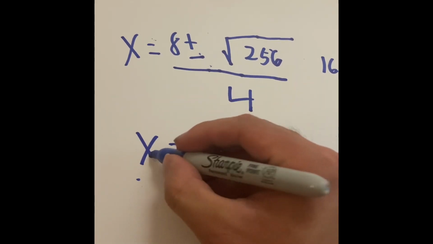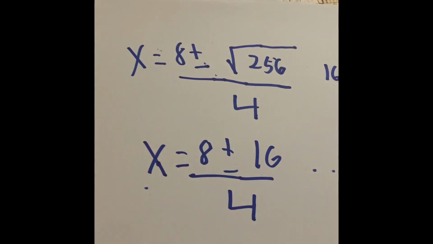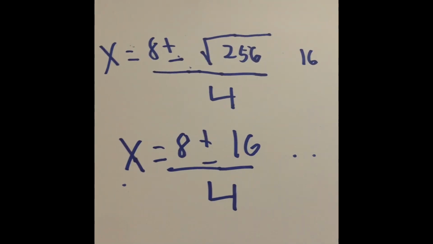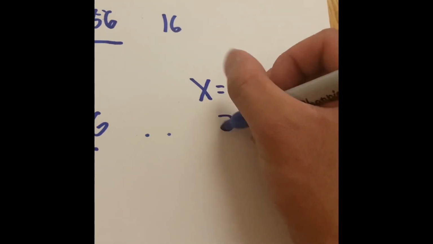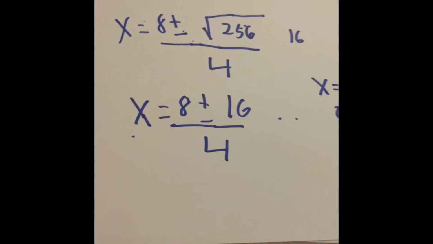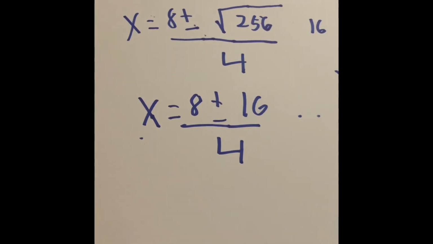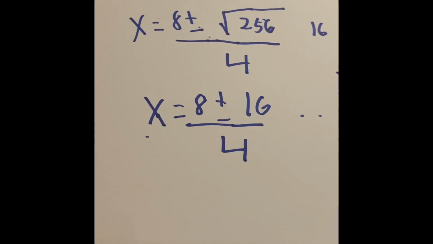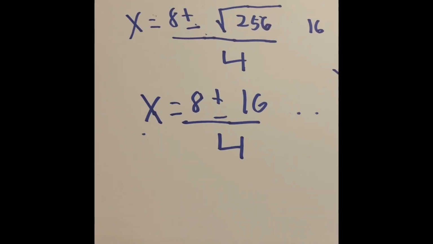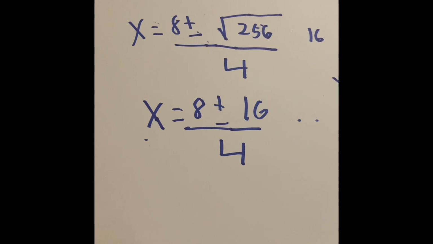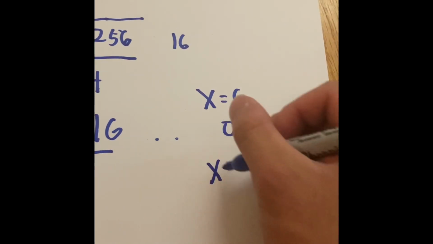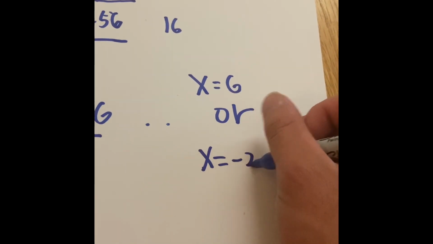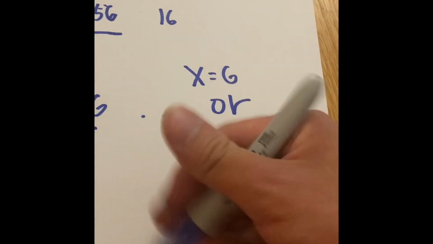So there are two solutions. 8 plus 16 is 24, divided by 4, so our first x equals 6. Or 8 minus 16 is negative 8, divided by 4, which is negative 2. x equals 6 or negative 2. That is what we got using the quadratic formula.